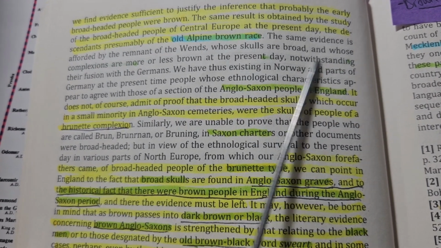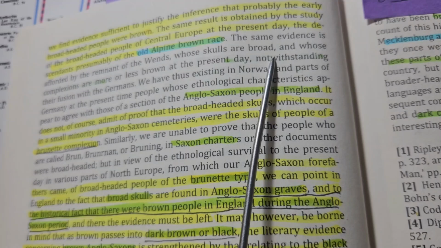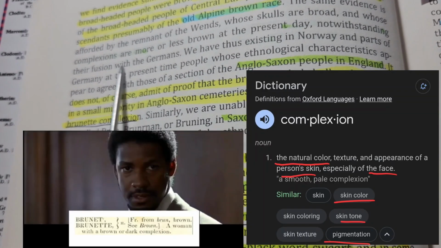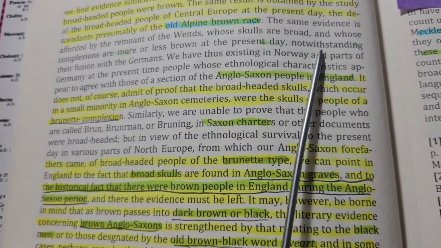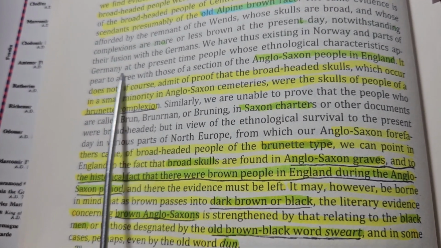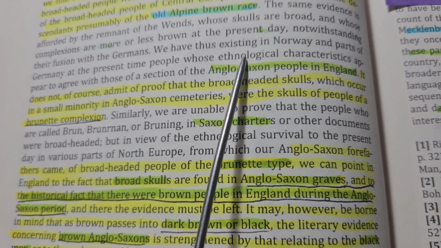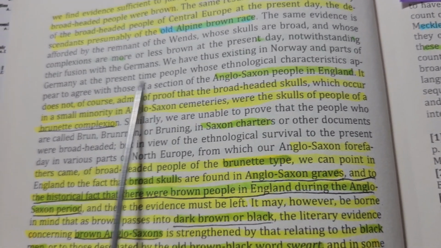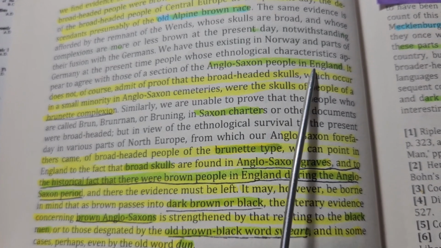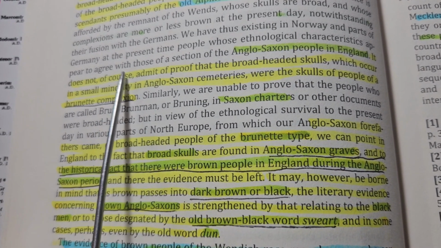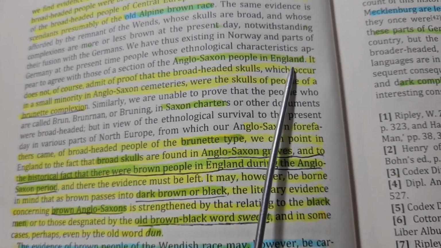The same evidence is afforded by the remnant of the Wends, whose skulls are broad and whose complexions are more or less brown at the present day, notwithstanding their fusion with the Germans. We have thus existing in Norway and parts of Germany at the present time people whose ethnological characteristics appear to agree with those of a section of the Anglo Saxon people in England.